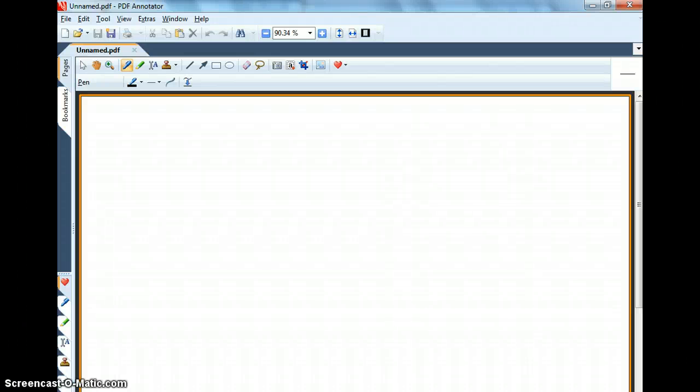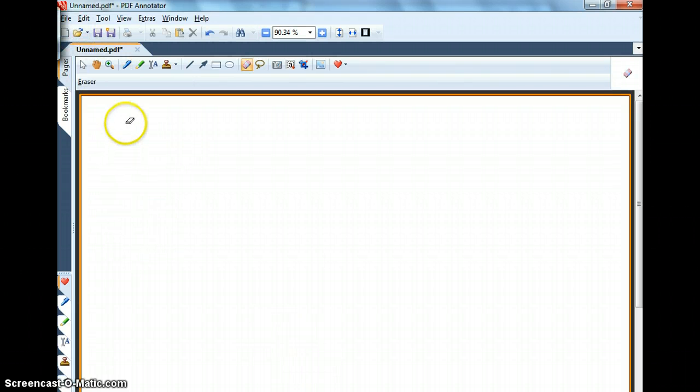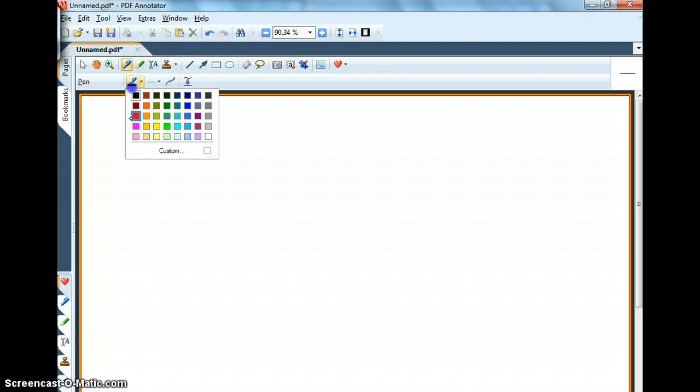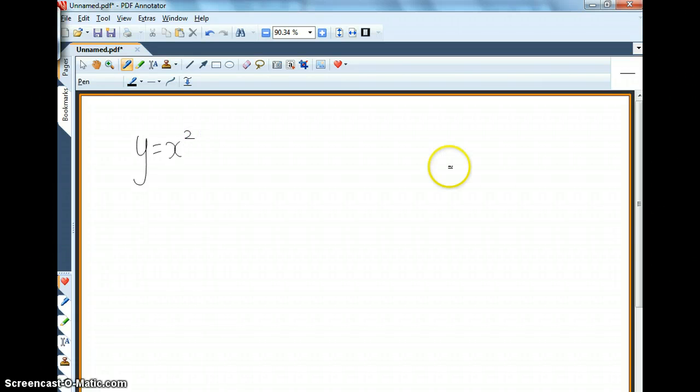So the basic function for a parabola is y equals x squared. Here's a sketch of what that looks like.